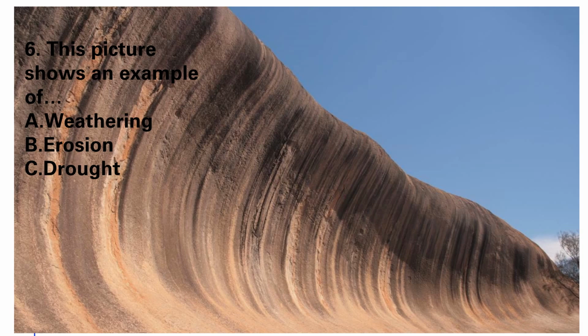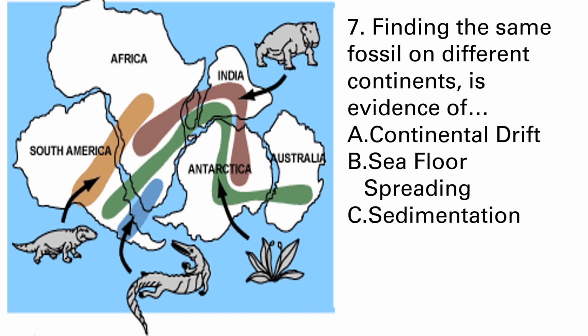Number 7, finding the same fossil on different continents is evidence of A, continental drift, B, sea floor spreading, or C, sedimentation.